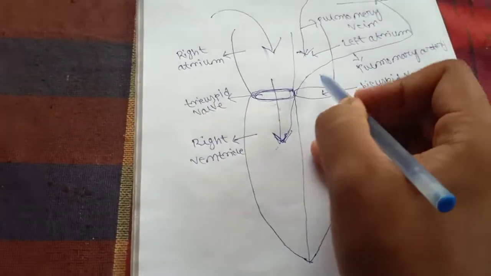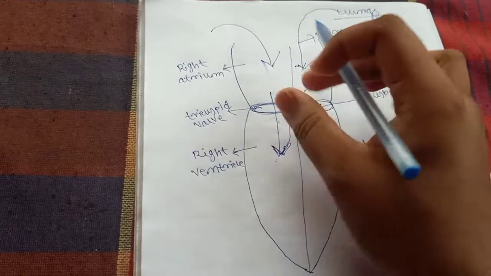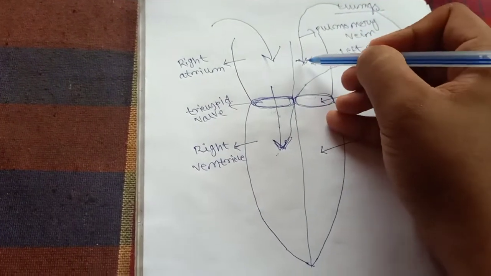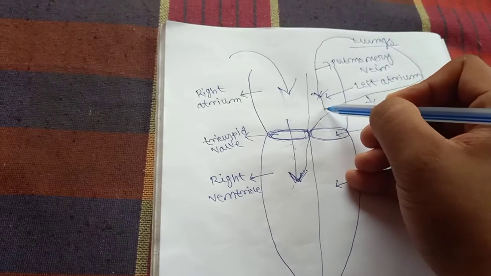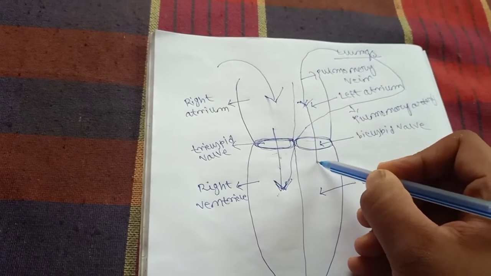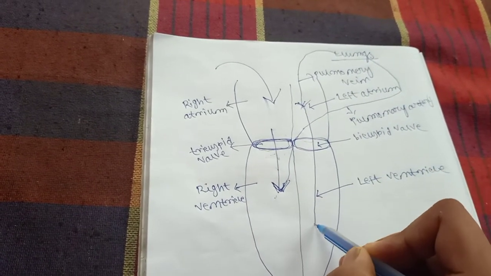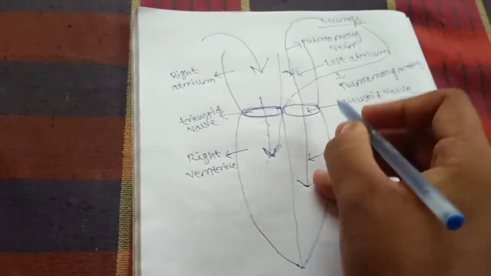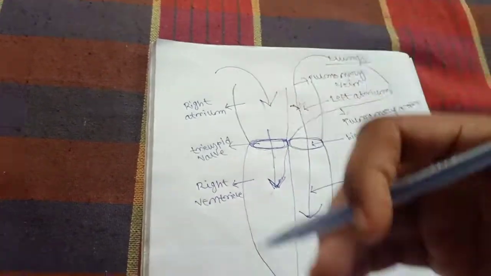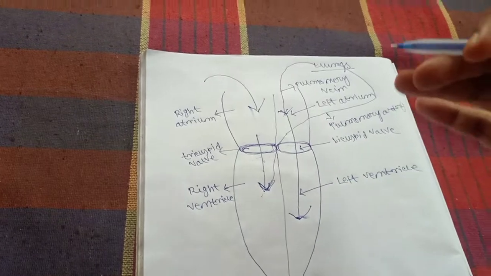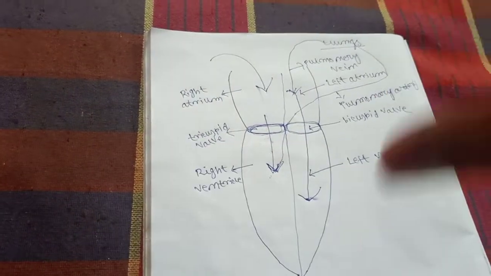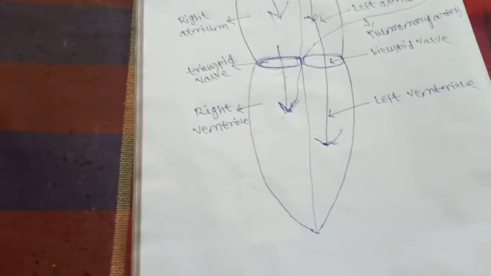Now what will happen? Now you see, the bicuspid valve will open, and the blood from the left atrium will come down to the left ventricle. Here also the bicuspid valve will prevent the backflow of blood from the left ventricle to the left atrium. That is the main function of the valve, as I already told you guys.